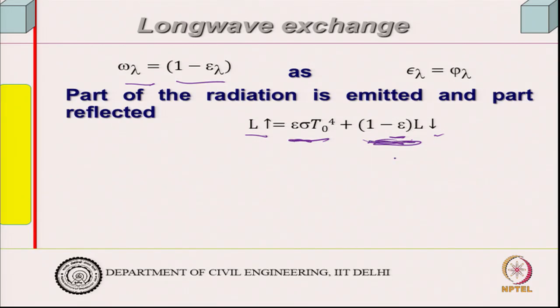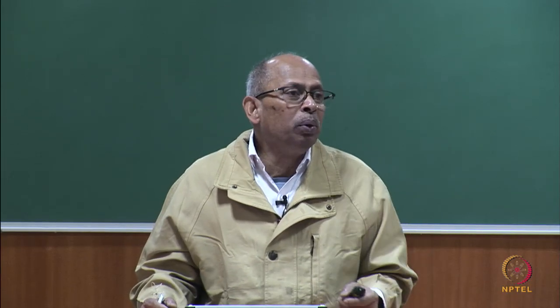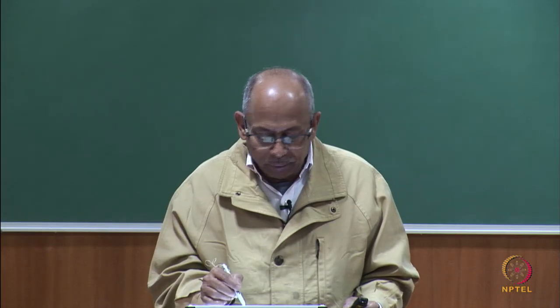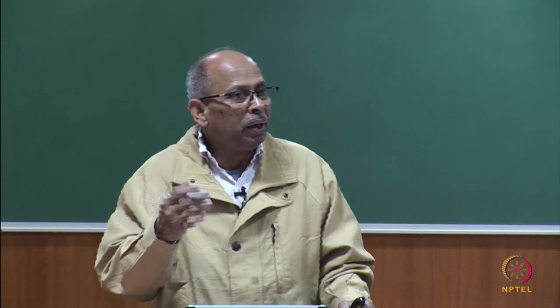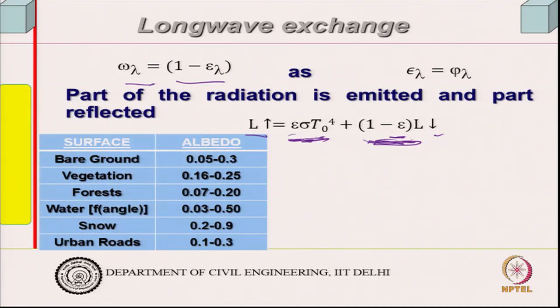This is the component reflected back, and this is the component going out by radiation. This is the equivalent earth temperature. We assume the cosmos is at a negligibly small temperature, or absolute 0 temperature, so that is the amount of heat that would go out. So this is epsilon, and this is seeing everything in the cosmos, totally. So on an average basis one can think in terms of this.